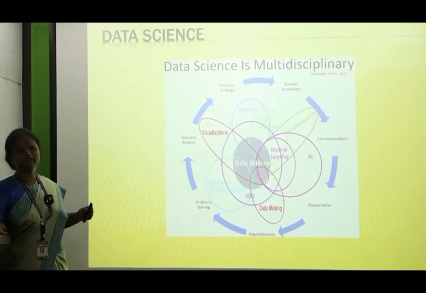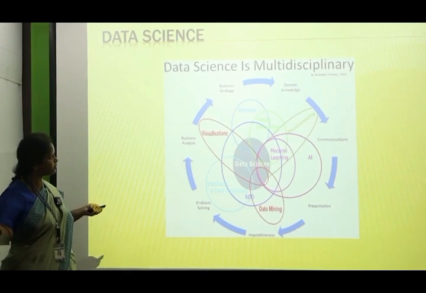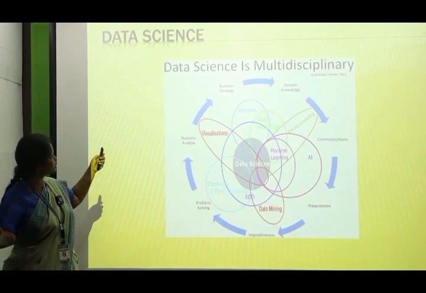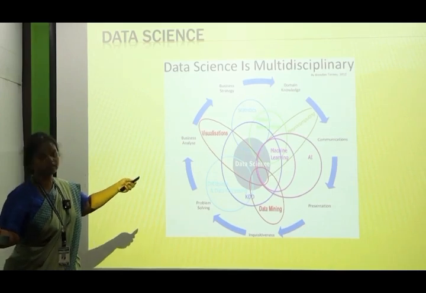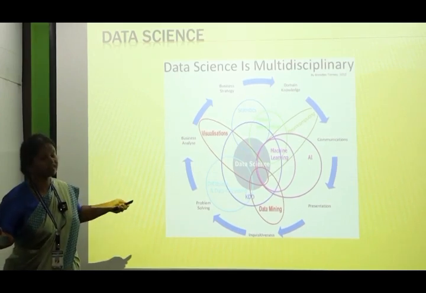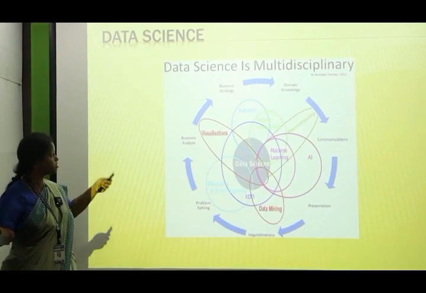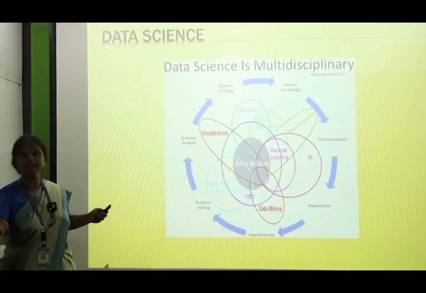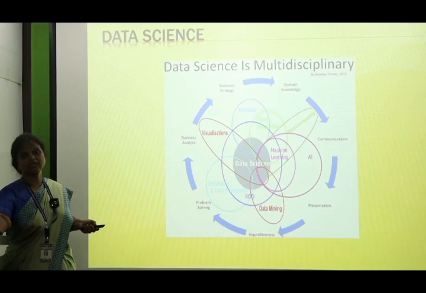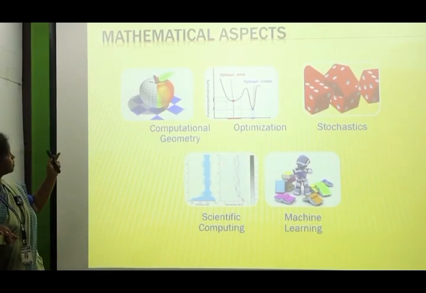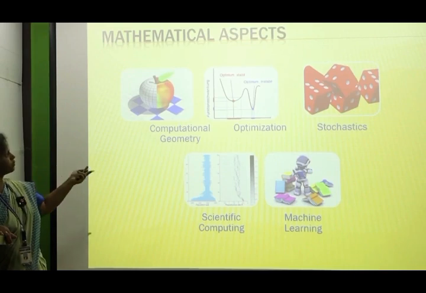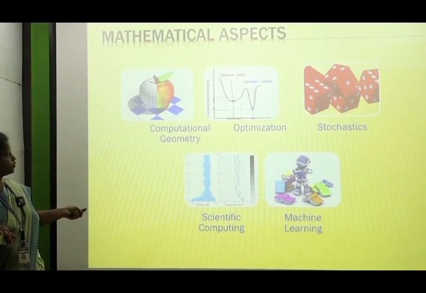So this is one of the pictures I have given here. See, in statistics, visualization, databases, data mining, artificial intelligence, neurocomputing, pattern recognition, machine learning, in every area data science plays a major role. In mathematics: computational geometry, optimization, scientific computing, and machine learning.